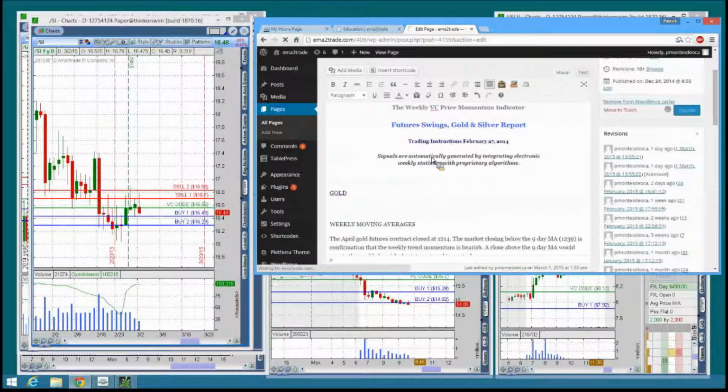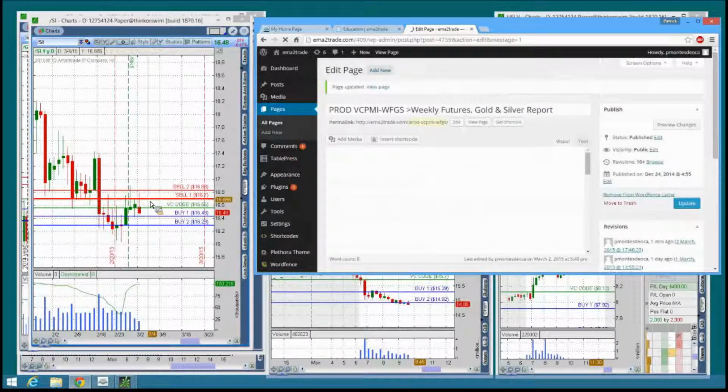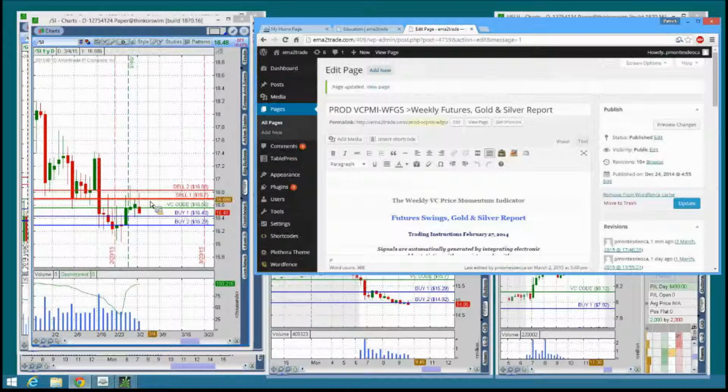And coming into this week, the targets, you can see, were posted in the room as the sell 1 level to be 1670, and the sell 2 level to be 1688.